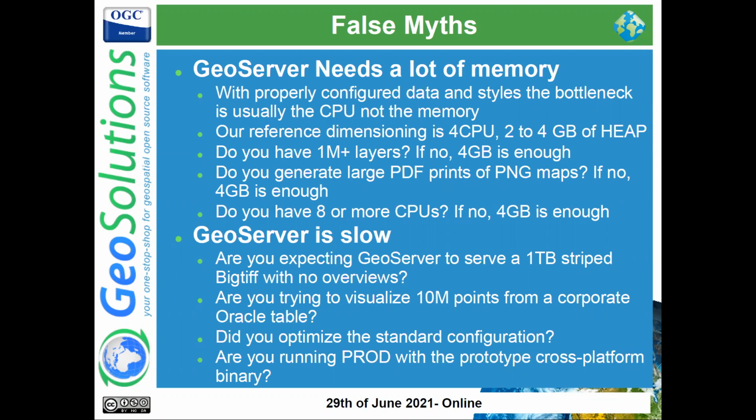If you have more than 4 CPU cores available, that's great. GeoServer can use them. If you don't have more than 8 CPU cores available, you don't need more than 4 gigabytes of RAM typically. So another false myth is that GeoServer is slow.